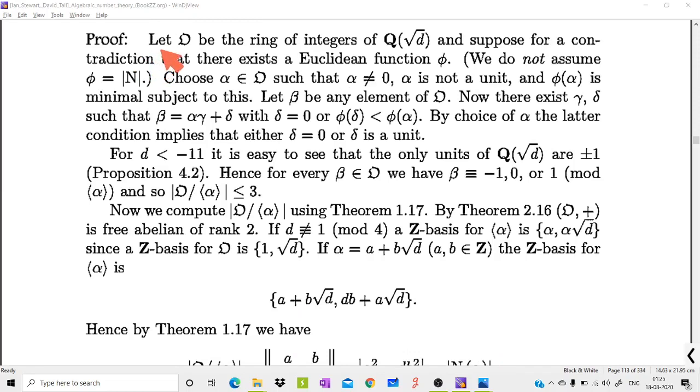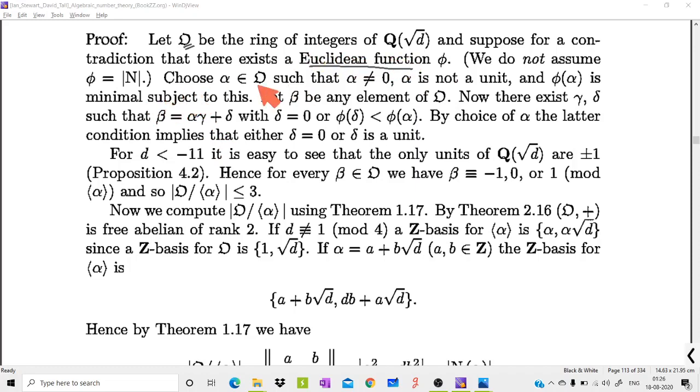For if possible, let us assume O is the ring of integers of Q of root d, and suppose that this O is a Euclidean domain, or there exists a Euclidean function phi. Suppose there exists such a function, then we will get a contradiction.